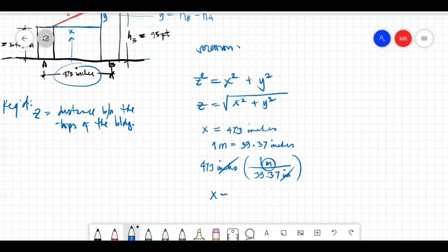So X is 12.01 meters. We'll make use of that later.